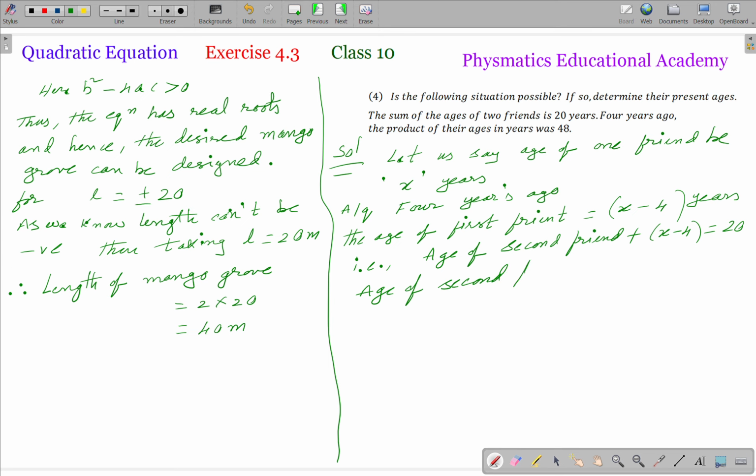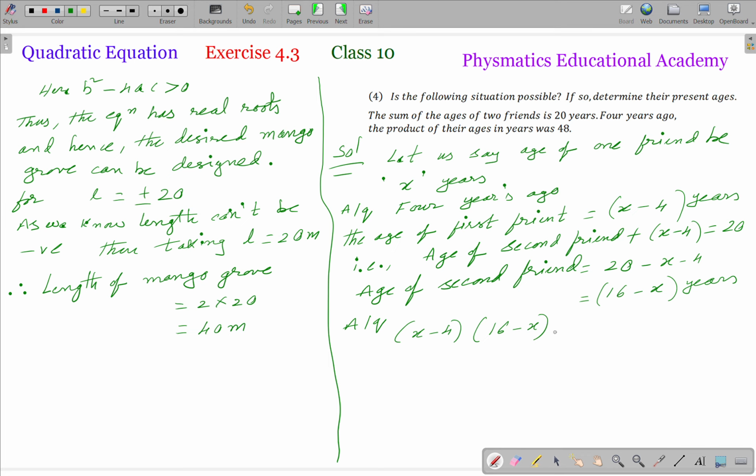So the age of the second friend is equal to 20 years minus the age of the first friend, 20 minus x, that is 16 minus x years.